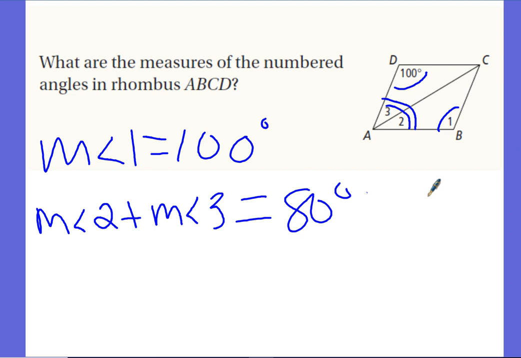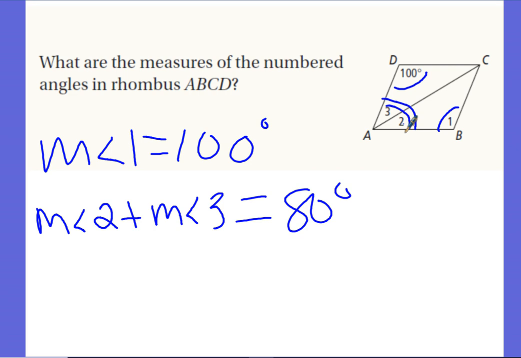Again, how did I get that? Because I know that the whole angle A and angle D are supplementary because they are consecutive to one another. So 180 minus 100, together 2 and 3 have to be 80. Well, we just found out that the diagonals bisect opposite angles, and so that means that 2 and 3 are the exact same angle.